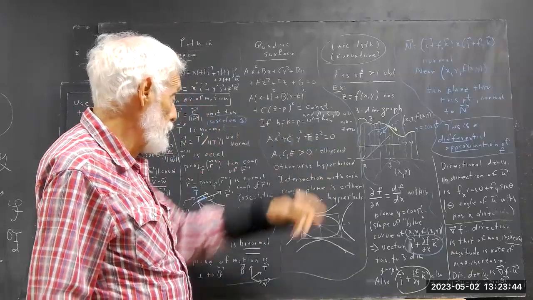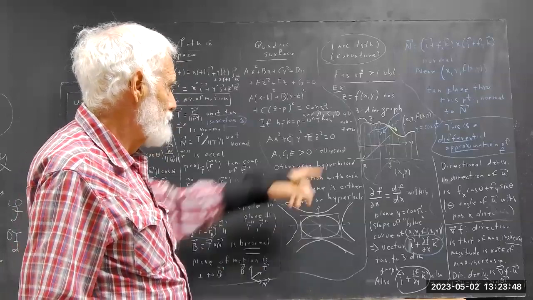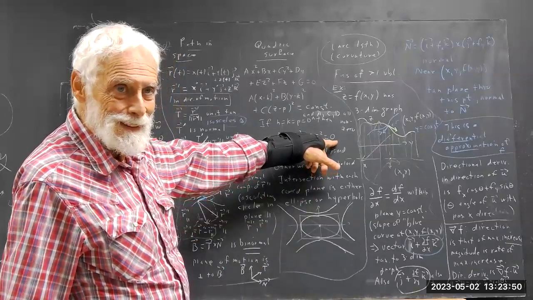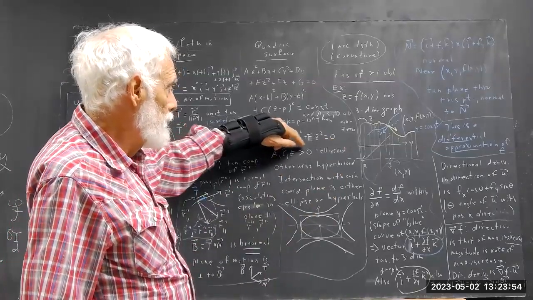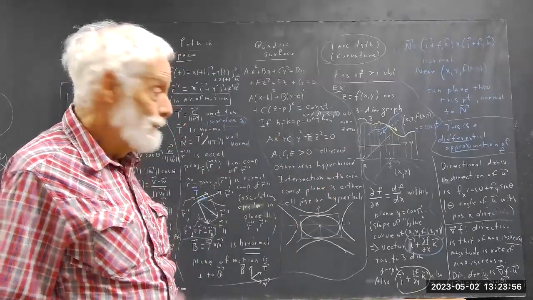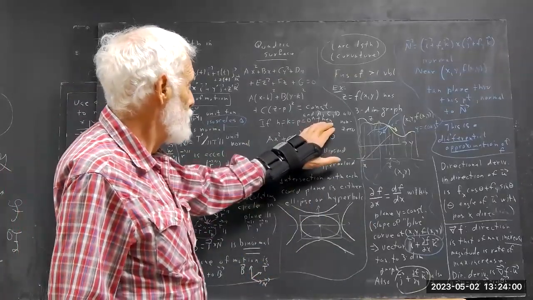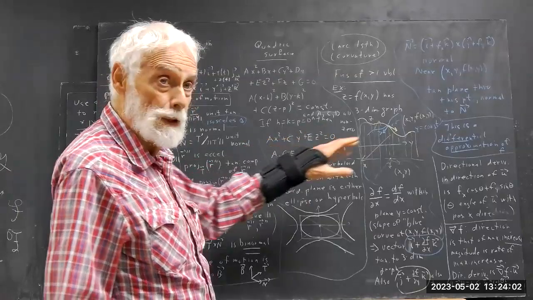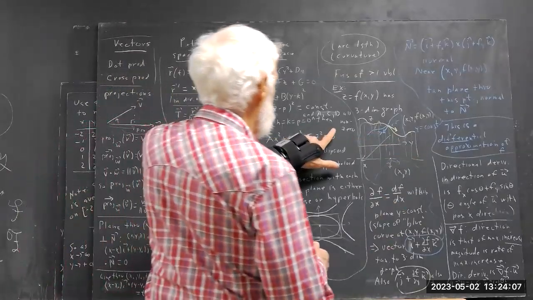It could be equal to a constant. But anyhow, if A, C, and D are all positive, then letting Z equal a constant, we have AX squared plus CY squared equal to a constant.